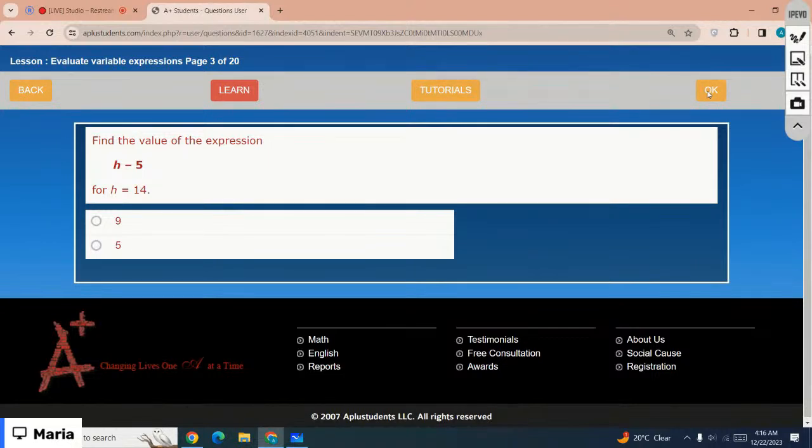You have to do 14 minus 5. So which is the correct option? Yes, the correct option is 9 because 14 take away 5 is 9. Got it?